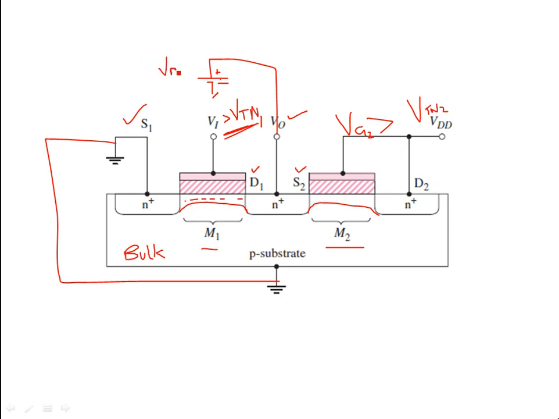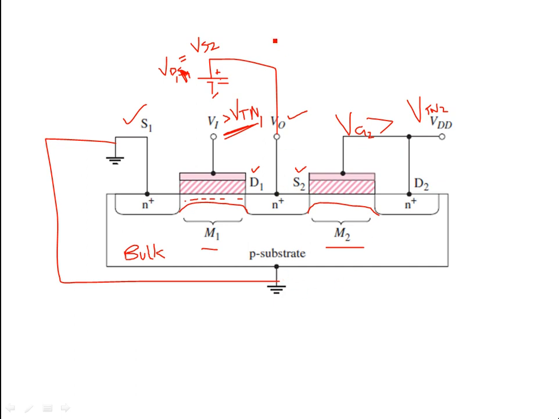So VDS1 is not at 0 right now. Therefore, VD1 is not at the ground potential, which means VD1 is the same as VS2, so this is not equal to 0 anymore. This terminal is not at the same potential as the body.